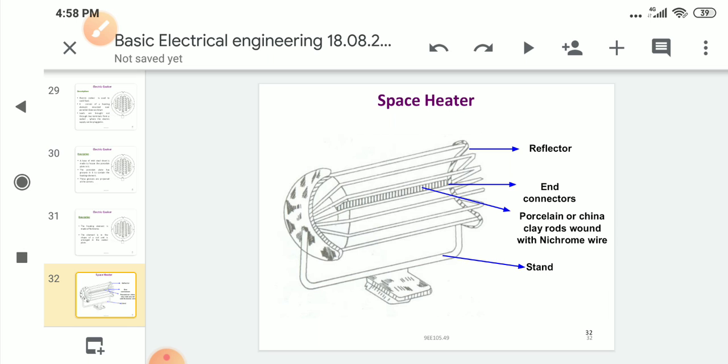Space heating is generally employed to warm a small space. Sometimes it is called a room heater also. This type of model is used in ACs in our India. Like that, in other cold countries, the space heater is used for warming purposes.